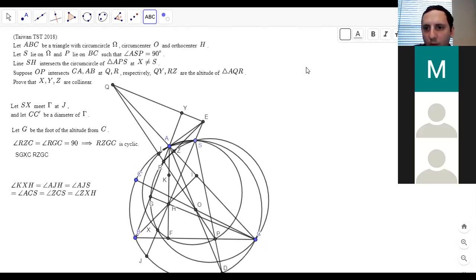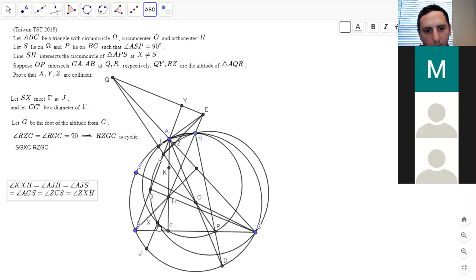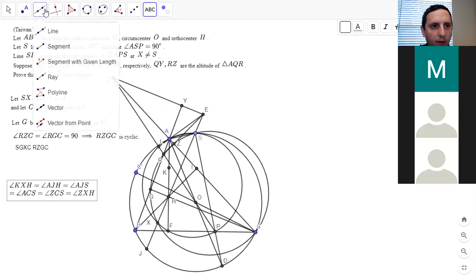Okay. Interesting. I was just reading what Serdar wrote. So SGXC is cyclic because X is the midpoint of HJ. So I'll write it like this.